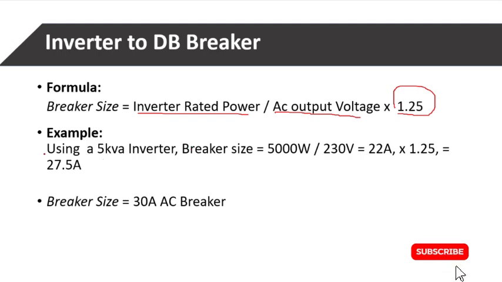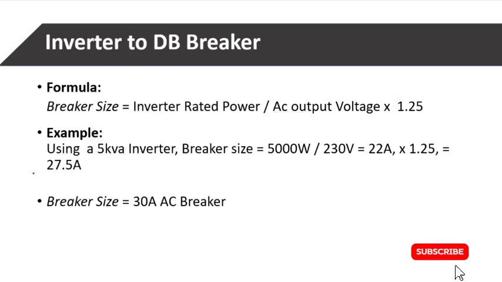Using our example of a 5 kVA inverter, the breaker size will be 5000 watts divided by the output voltage of 230 volts, which gives us 22 amps. You multiply this by 1.25, and it will give you 27.5 amps.